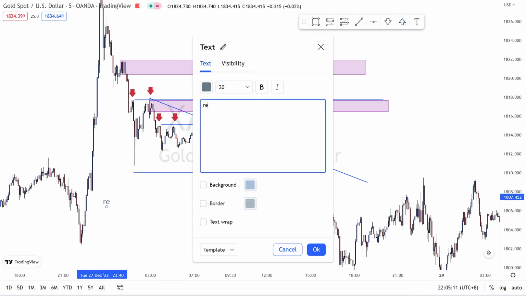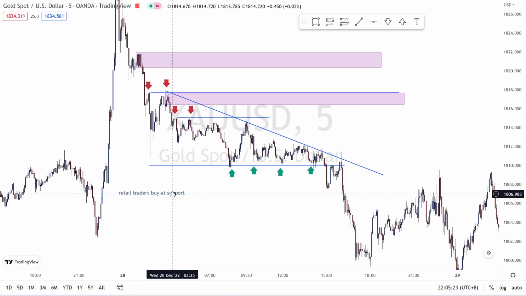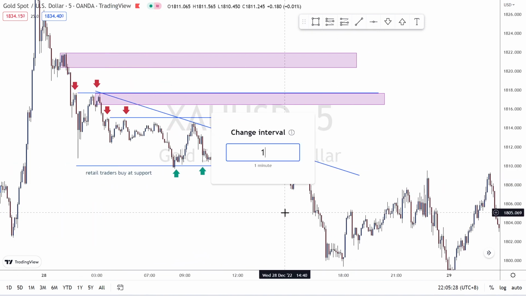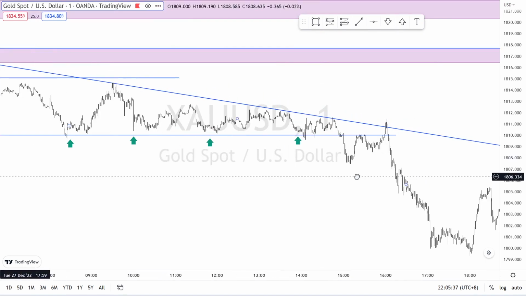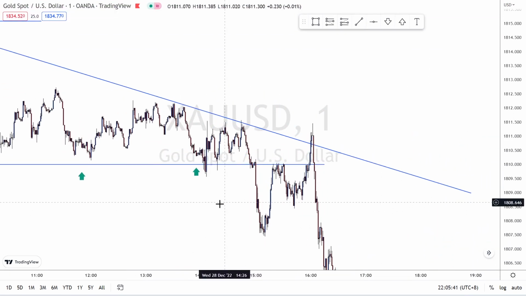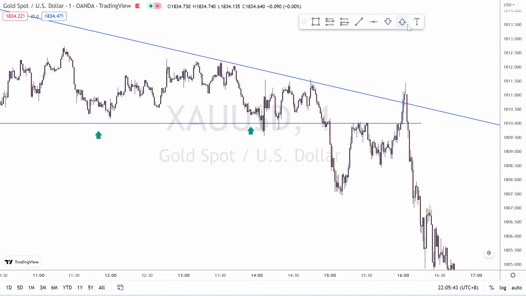Retail traders will buy at support. And lots of breakout traders will sell instantly when price closes below support.